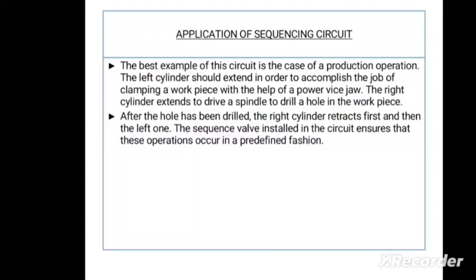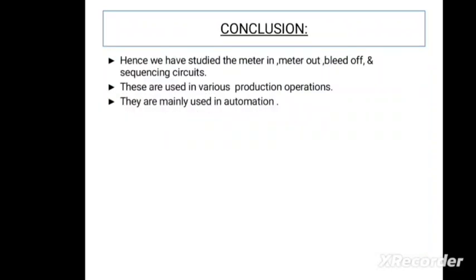The right cylinder extends to drive a spindle to drill a hole in the workpiece. So two operations, clamping the workpiece and drilling the hole, are carried out in a single cycle. After the hole has been drilled, the right cylinder retracts first and then the left one. The sequence valve installed in the circuit ensures that these operations occur in a predefined fashion. This is the main application of a sequencing circuit.